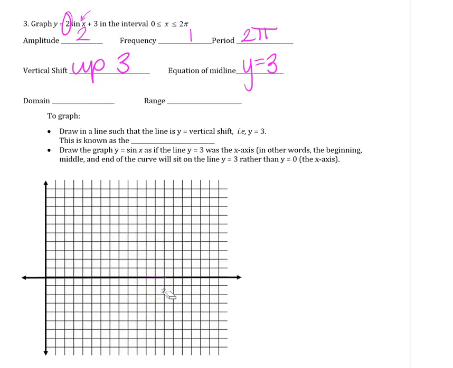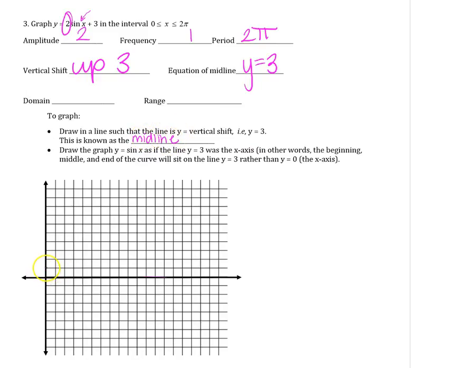So in order to graph, we're going to draw in the midline, so then we can base everything off of that midline. So again, we're going to draw in a line such that the line is y equals whatever the vertical shift is, which in this case was y equals 3, and this is known as the midline.